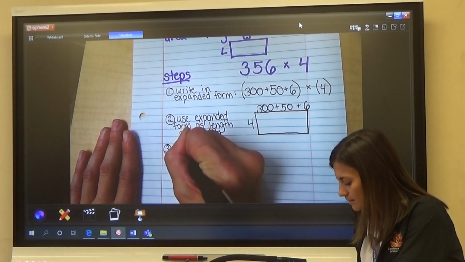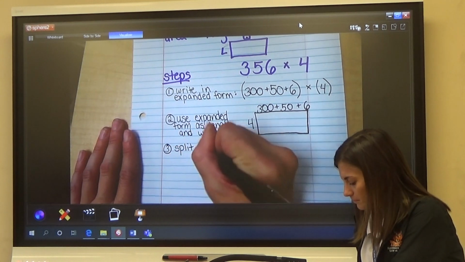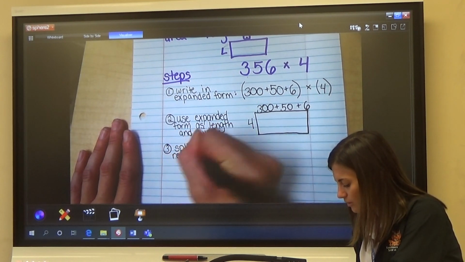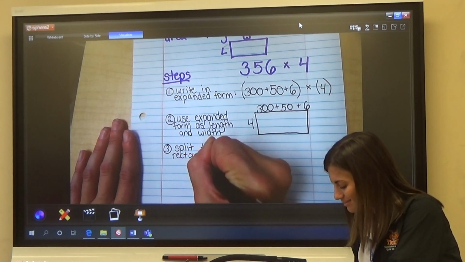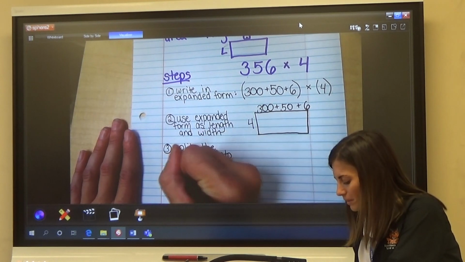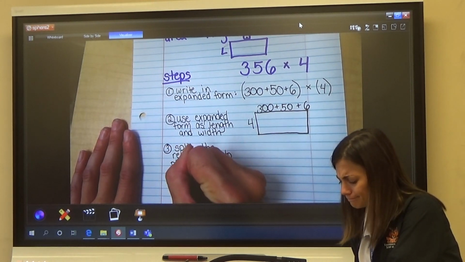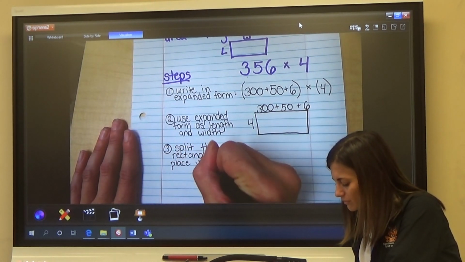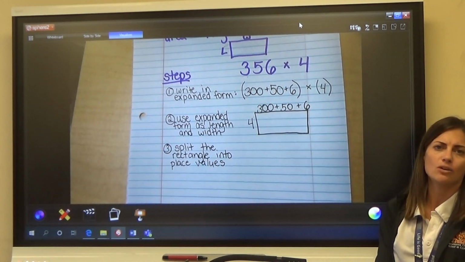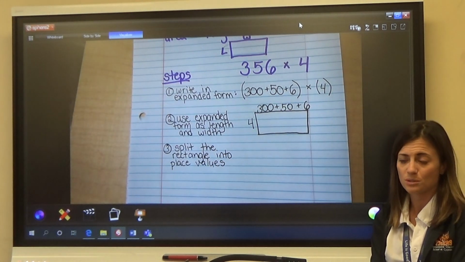So the next thing we are going to do is split the rectangle into place values. I know, that sounds confusing too. It always does before we look at it. But we're going to split the rectangle into place values.